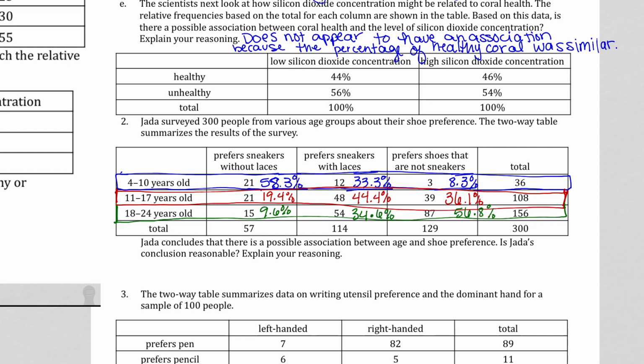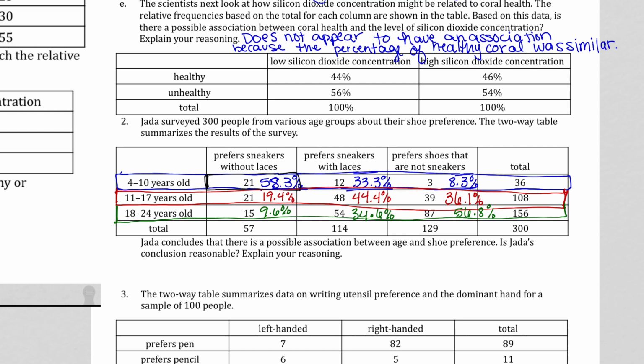Yeah. Okay. So, what do you notice about these percentages? Is the highest percentage for each age group in the same shoe column? No. What's the highest one for the 4 to 10-year-olds? Without laces. So sneakers without laces.